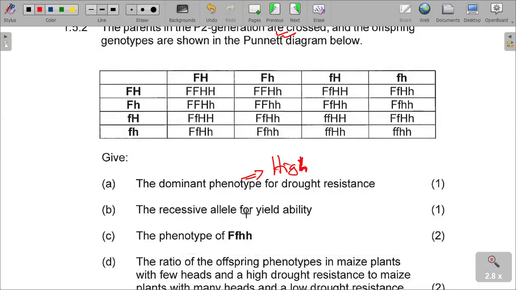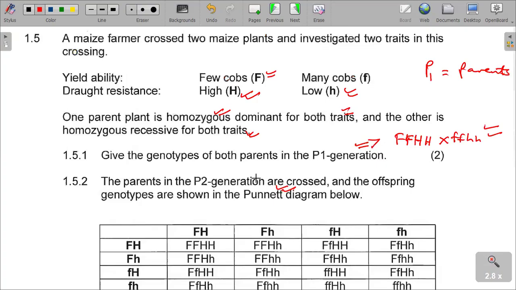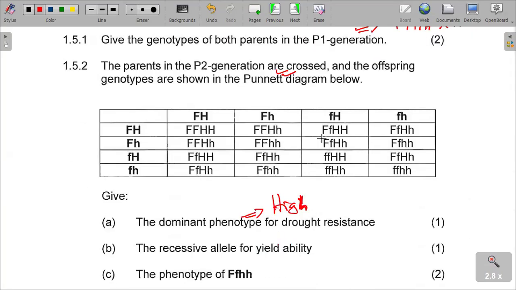And then the recessive allele for yield ability is also given there. This is the recessive for yield. So what is the allele?